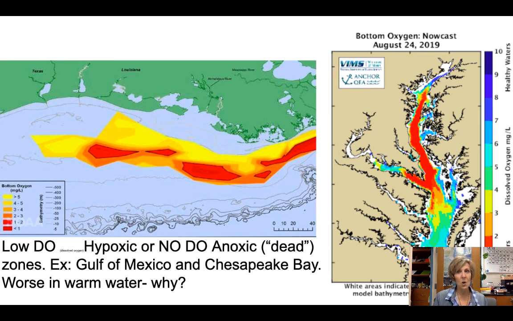The dead zones always increase in the summer or with warm water. And if you haven't yet in AP Biology done the dissolved oxygen lab, you'll know why. There is a relationship between warm water and cooler water and how much oxygen can be dissolved in the warmer water versus the cooler water. So that's really important. Think too about climate change. Think about warmer oceans, warmer rivers, warmer lakes, and what effects that is going to have as well.